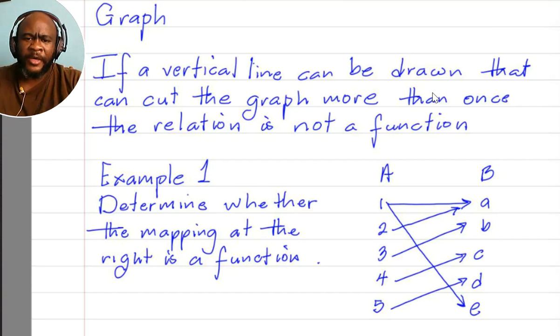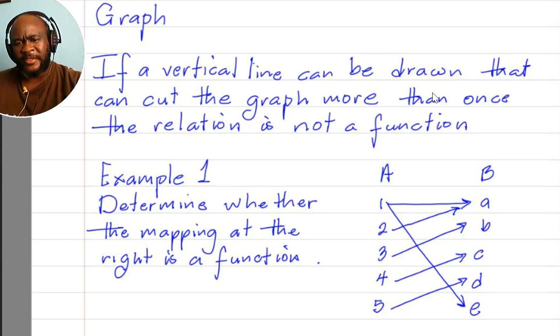Example one, we're to determine whether the mapping diagram at the right is or is not a function. By looking at it straight away, I can see that it is not a function. 2, 3, 4, and 5 in the domain are mapped onto only one element in the codomain, but one in the domain is mapped onto both A and E. So by definition, this is not a function, because for it to be a function, every element in the domain must be mapped onto only what?